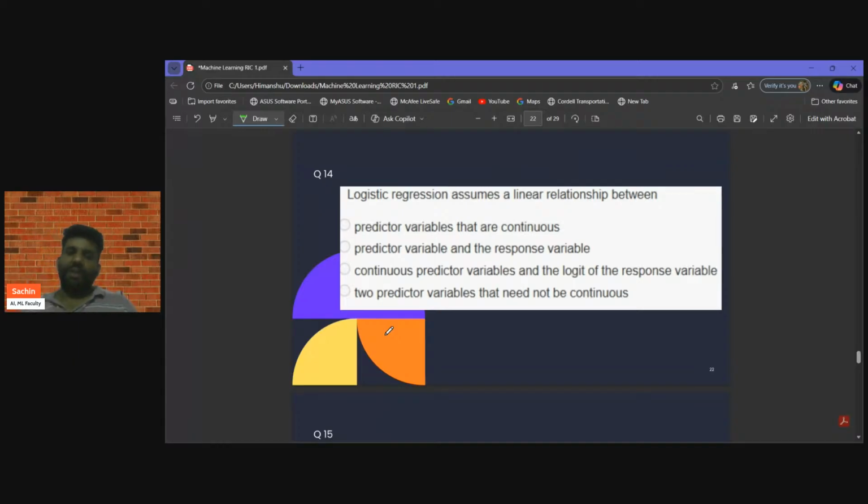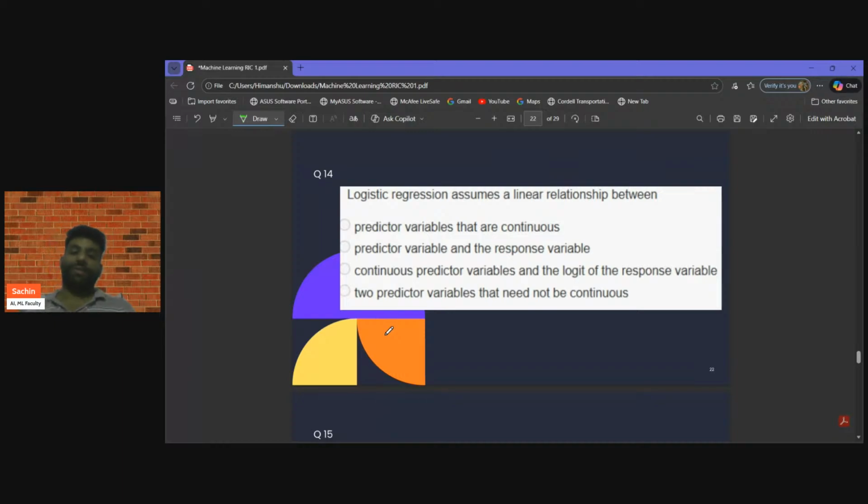Okay. So logistic regression assumes a linear relationship between what? Predictor variables that are continuous. So do we have predictor variables which are continuous? Okay. And the response variable, what is the response variable, what is the predictor variable? I hope you have the idea. If not, we'll talk about that. Okay.